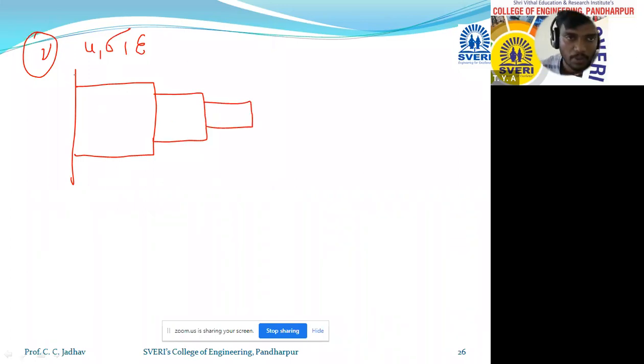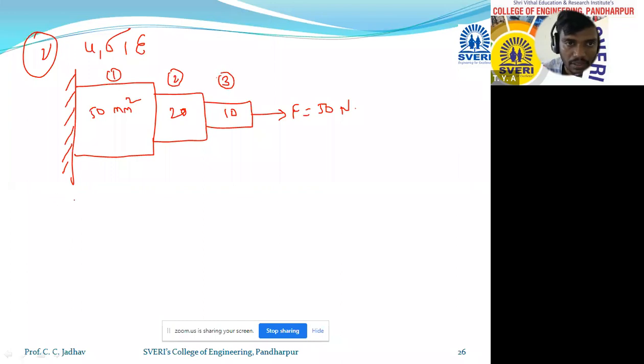Three-stepped bar problem. One end fixed, one end free, which is applying a force equal to 50 Newton. Area of cross section of the first is 50 mm square, second 20, and last 10. This is the first element, this is the second element, this is the third element, and the length of all the elements is 10 mm, 10, 10.